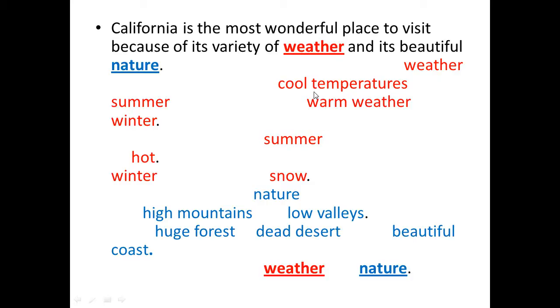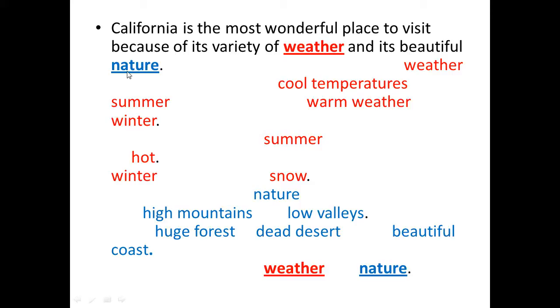Cool temperatures, warm weather, summer, winter, summer, hot, winter, snow. The answer is yes. These words create a chain of meaning, which are called lexical chains. A chain of meaning associated with weather. And what it shows is that the writer basically stayed on track and communicated about the topic that was supposed to be communicated about. So in the first half of the paragraph, good job.